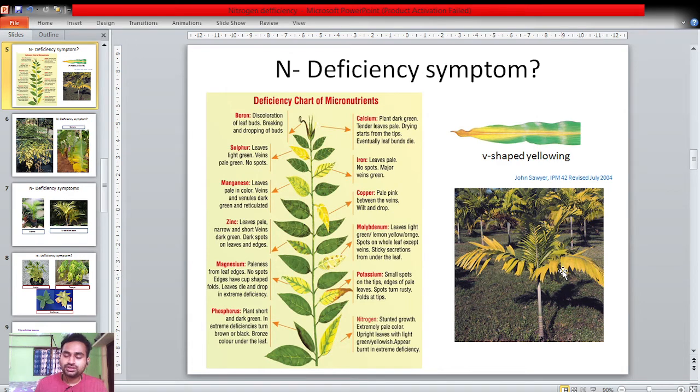Because of the severe deficiency all the leaves are getting yellow, and if you look properly the stem is short, that means dwarf. Growth is stunted, and if you focus on the leaf base area, from node to node, that means leaf to leaf, there is very little growth. So the growth gets stunted due to nitrogen deficiency.